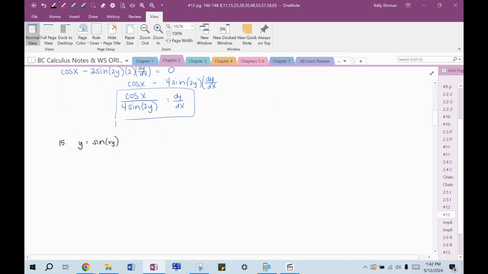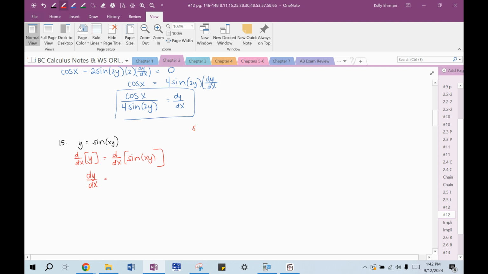Okay, number 15. Take the derivative with respect to x of both sides. Okay, the derivative of y is just 1, or you could also just say that's just dy dx. 1 times dy dx, or just dy dx.